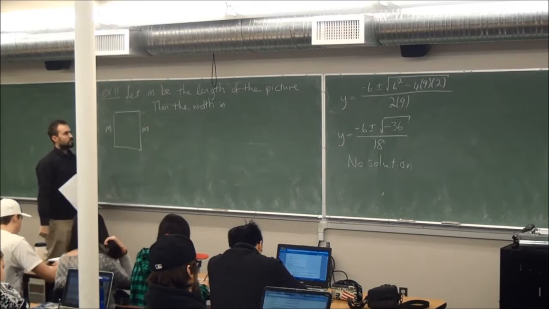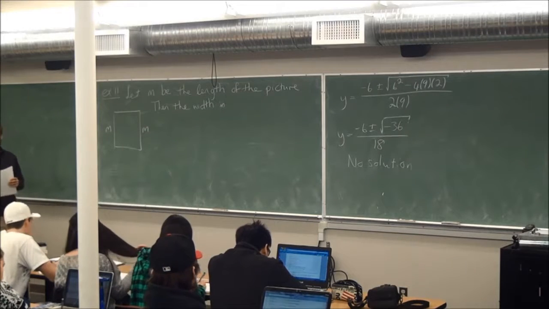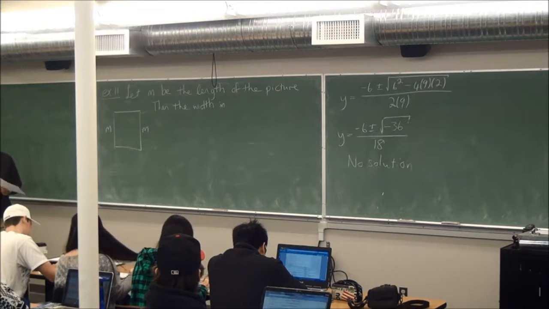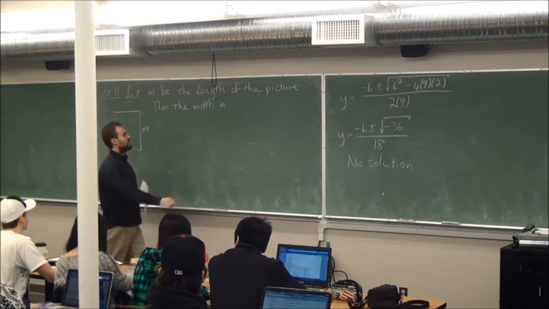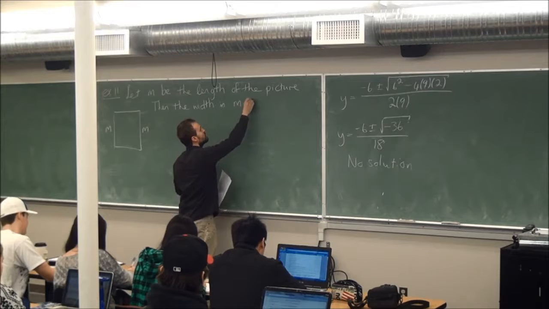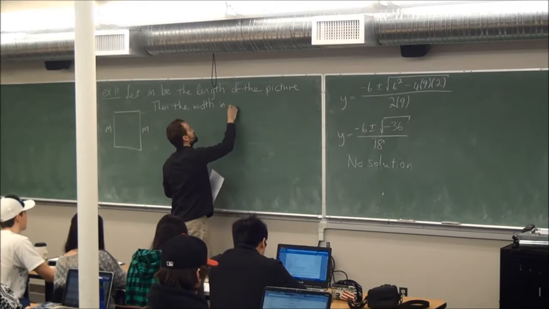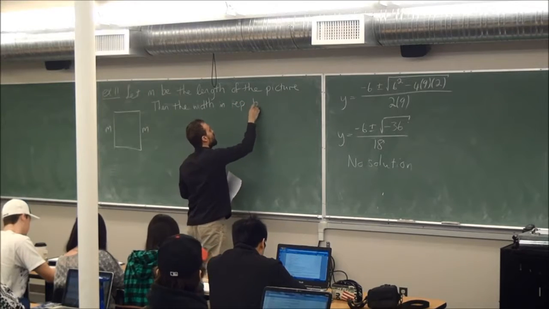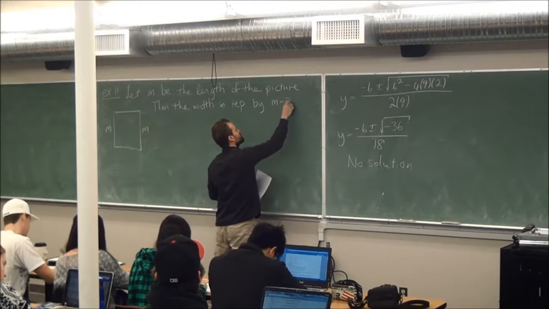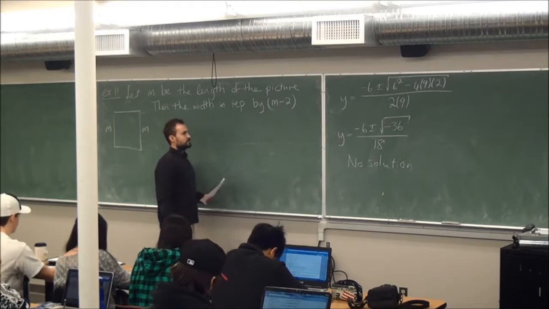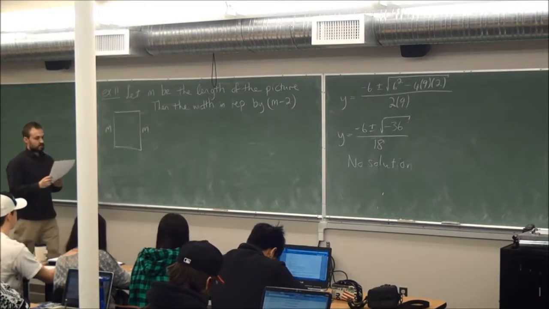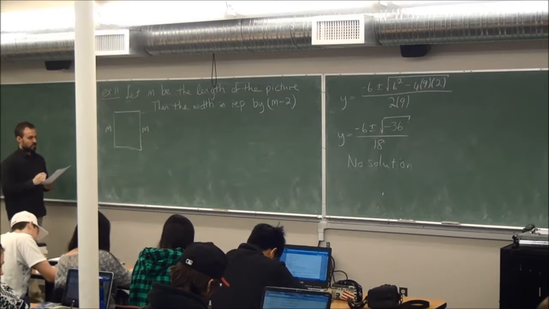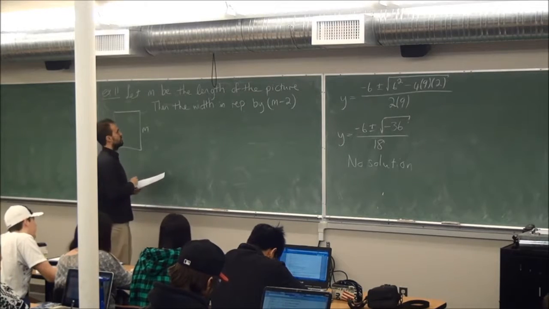How can I represent the width if I don't want to define a new variable? Something minus m. He says m minus 2. Let's say the width is represented by m minus 2, in brackets, because they say the width is 2 inches less than the length.